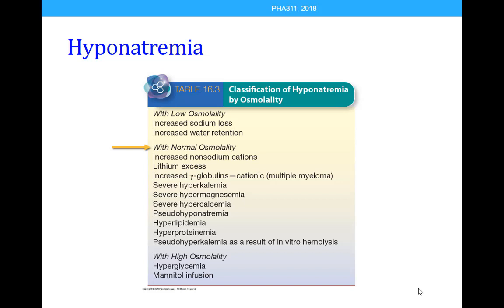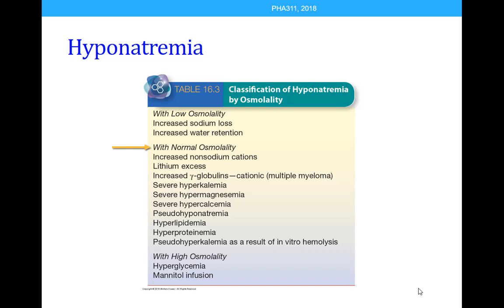Nice and easy. Another possibility is there. You can have hyponatremia with low osmolality, makes sense. Sodium goes, osmolality drops. This is very easy to understand. Okay. With normal osmolality. Now, in this case, what has happened?